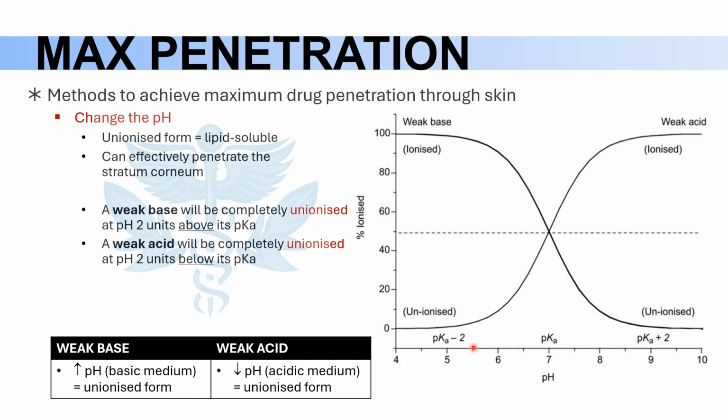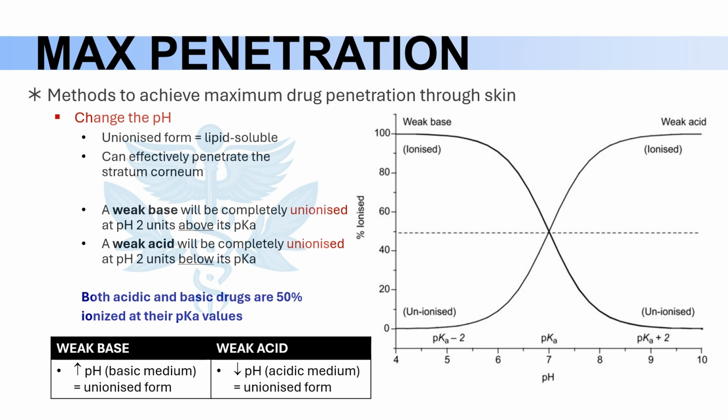As we deviate from the pH at which our drug is most unionized, the drug becomes more ionized. Look, in both cases. Until the pH is equal to the pKa of the drug. At this point, the drug is 50% ionized.